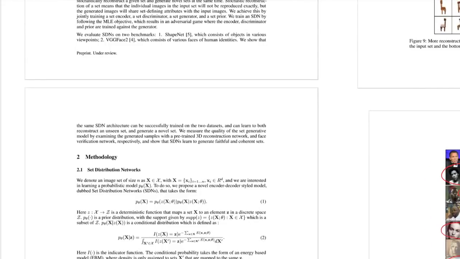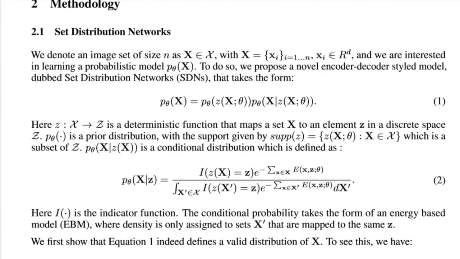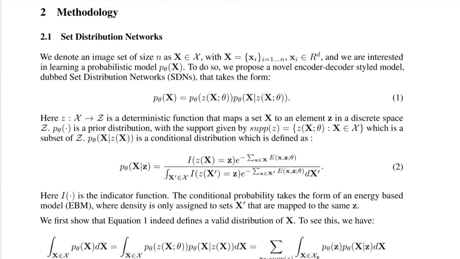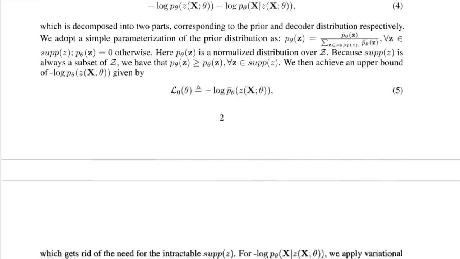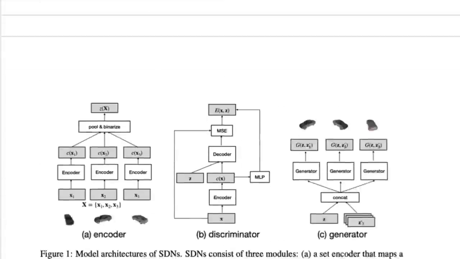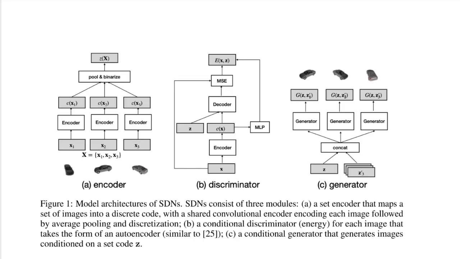So how do we go about something like this? And here's where the thing starts. So we're going to dive into a bit of the math here, and then into a bit of the reasoning. But ultimately, what they're going to do is they're going to build three things. They're going to build an encoder, a discriminator, and a generator.